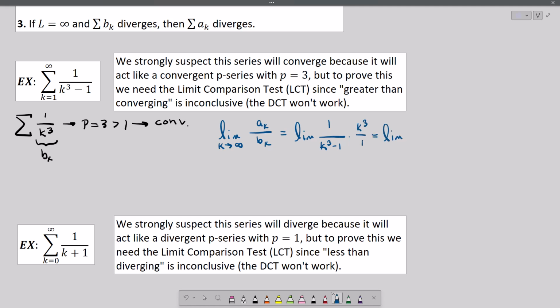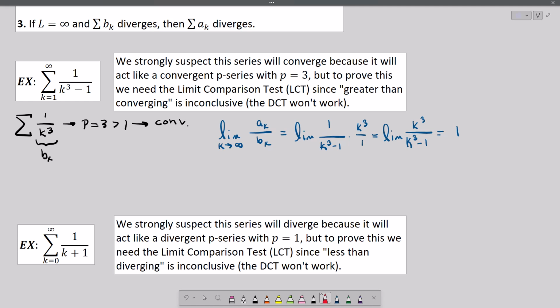And what is this limit going to be? Three different ways: L'Hopital, powers, whatever, divide by highest power of k. The limit is 1.